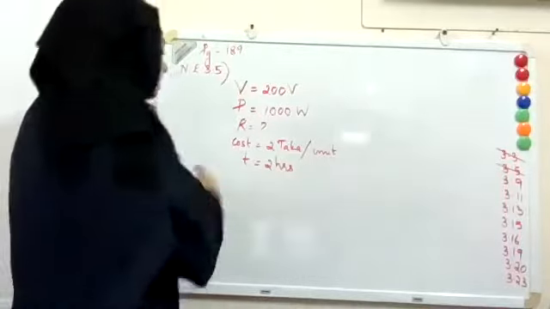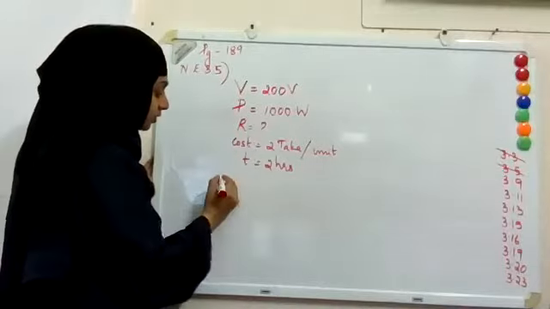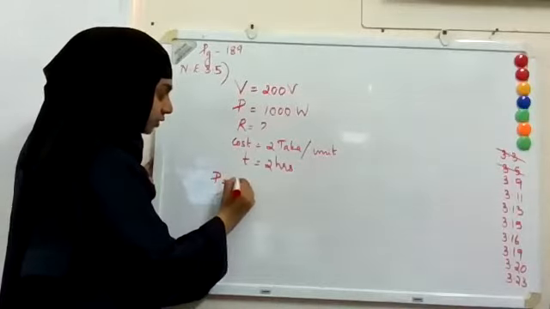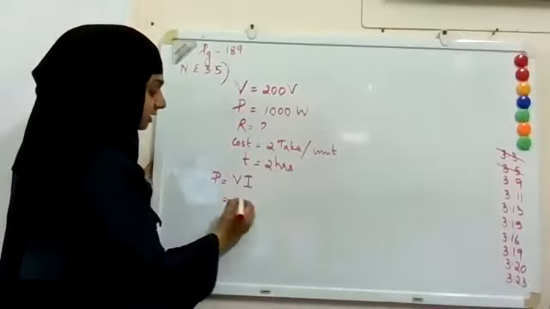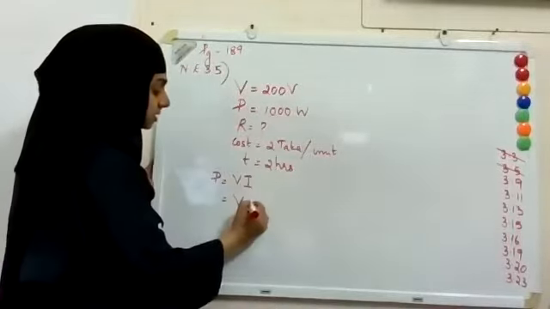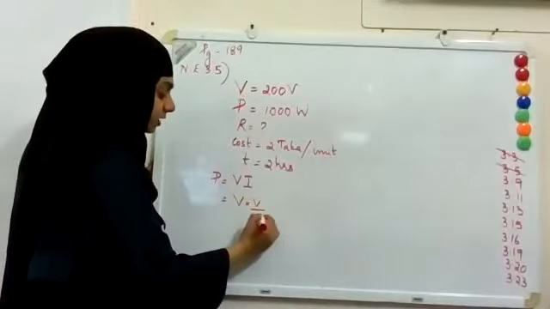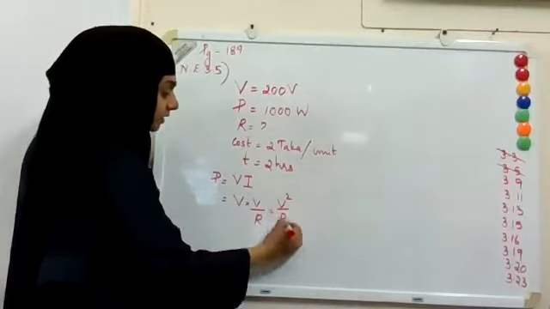Okay, so how can we write resistance? You know that power is equal to voltage into current, and current is equal to, in terms of voltage and resistance, V by R. So I can write power is equal to V square by R, right?